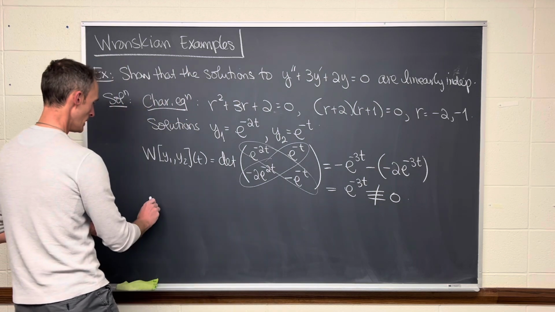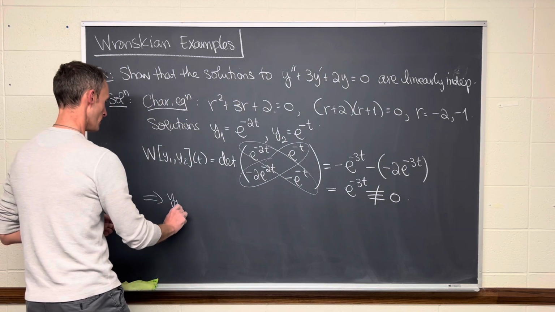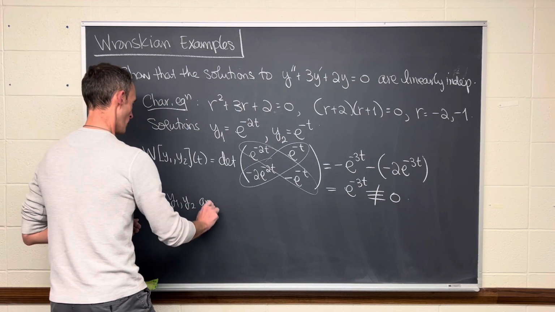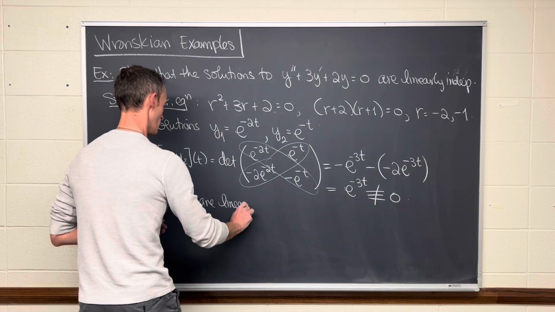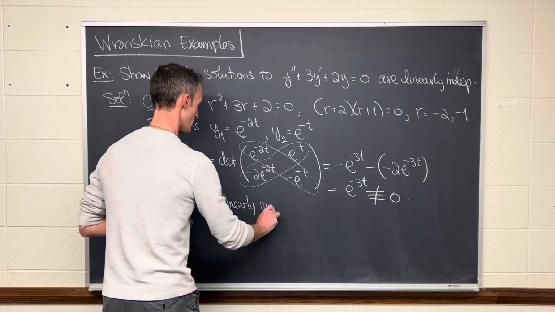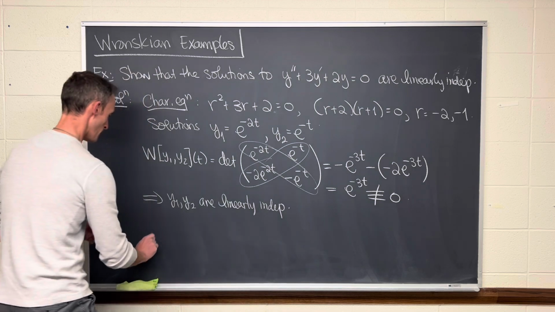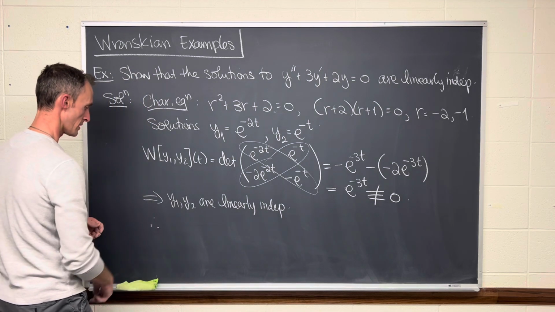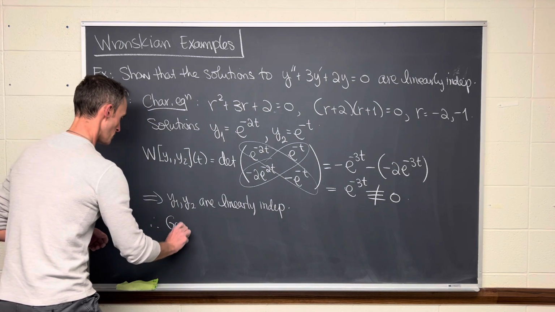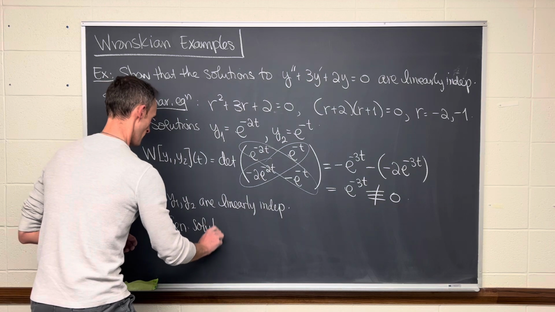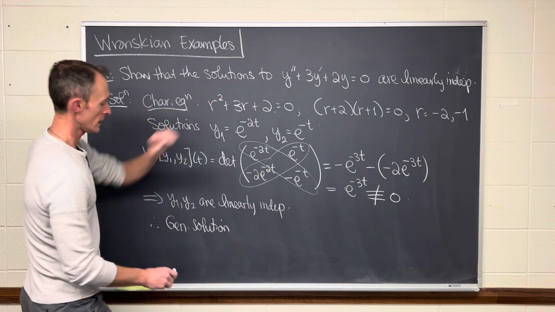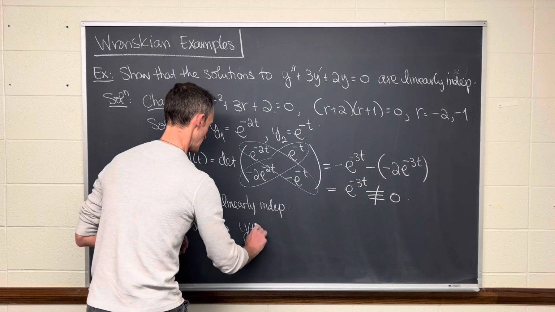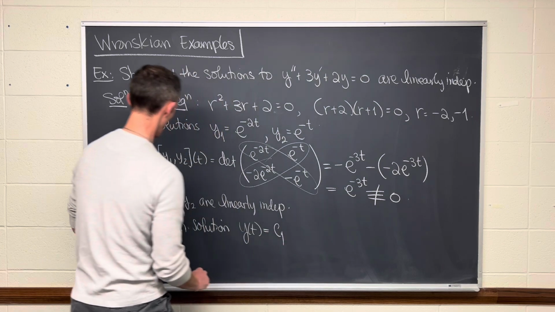So what does that mean? That means that y1 and y2 are linearly independent, and therefore, okay, so these little three dots, therefore, the general solution to this ODE is given by y of t equals c1 y1.